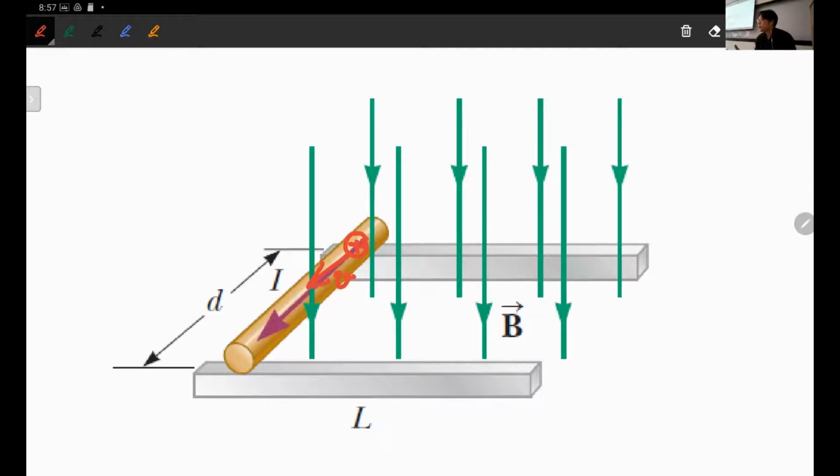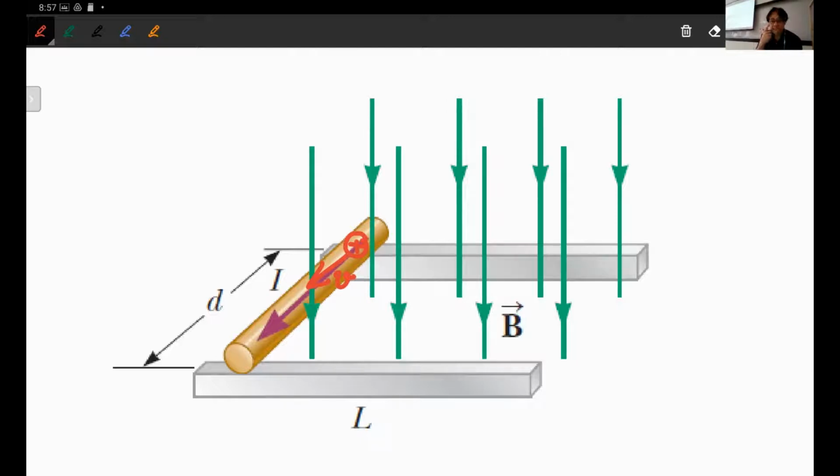So knowing the current is the same thing as knowing the velocity of the charge inside. So knowing the current flows along the purple arrow means the charges also have the velocity in that direction. So what should be the force acting on this wire, you think?